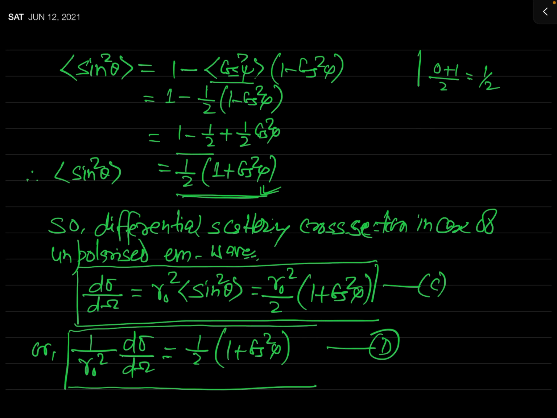Then you have seen that this quantity 1 over R naught square d sigma by d omega is simply equal to cos square phi. But now it is equal to 1 over 2 times 1 plus cos square phi. Actually, this formula which has been defined in equation C or D, these are not two different formulas, these are the same. So this formula is known as the scattering formula of radiation due to Thomson.